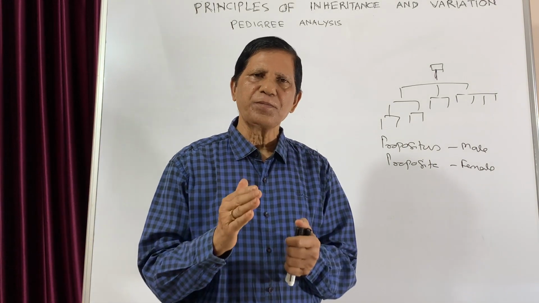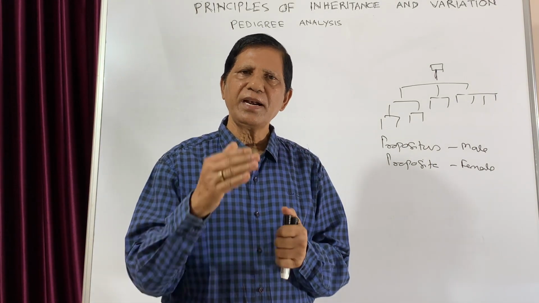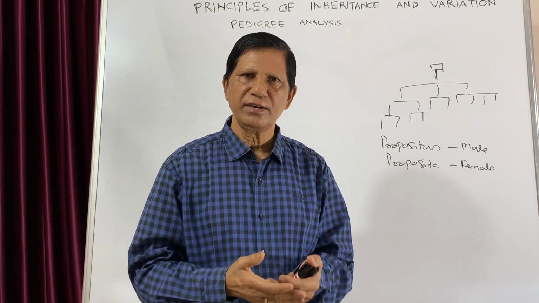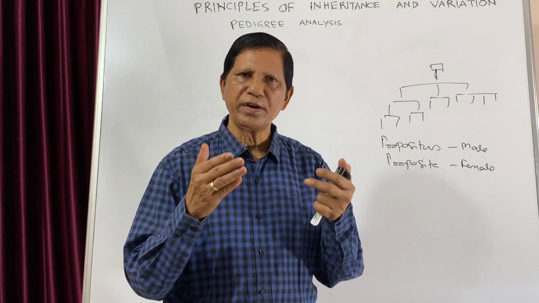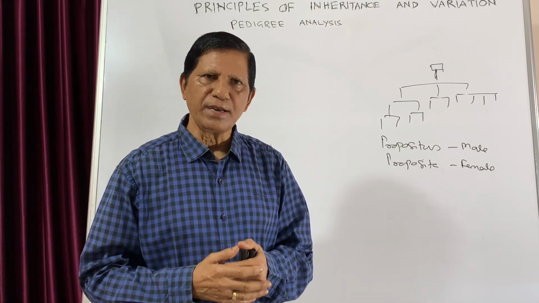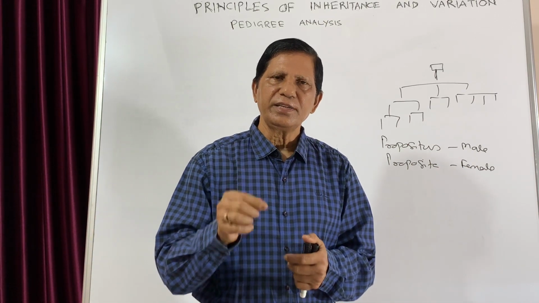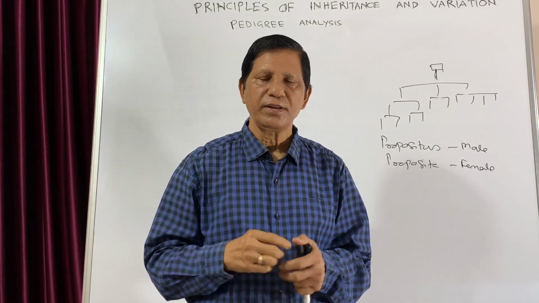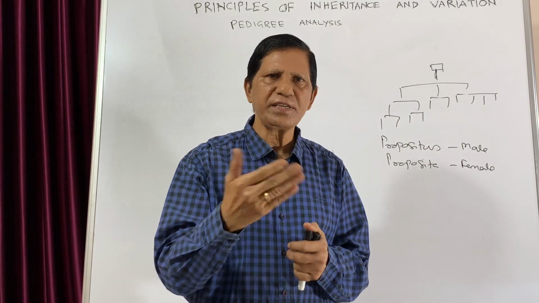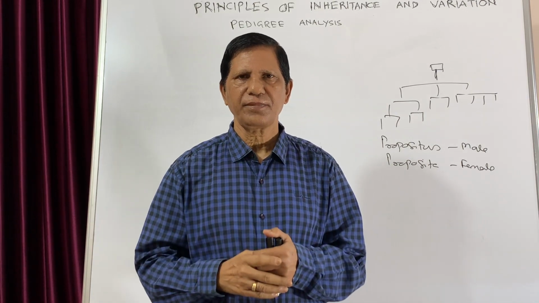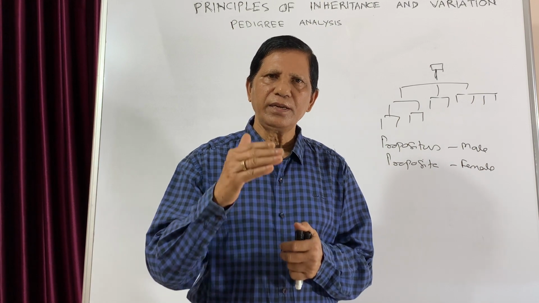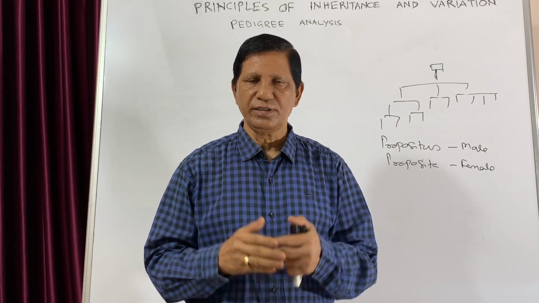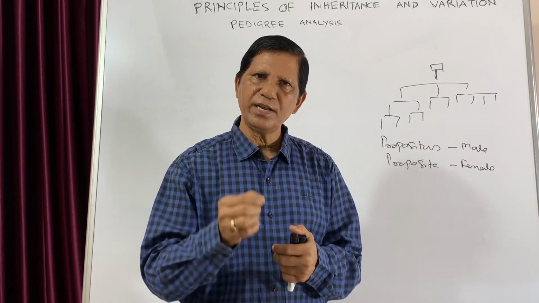Now, as you know, in case of human beings, several characters are inherited, which may be physical, may be personal, may be diseases, may be different deformities. For example, the inheritance of skin color, the hair form and color, the eye color, these are all physical traits which are inherited. Similarly, different personal traits like intelligence and aptitude are also inherited.